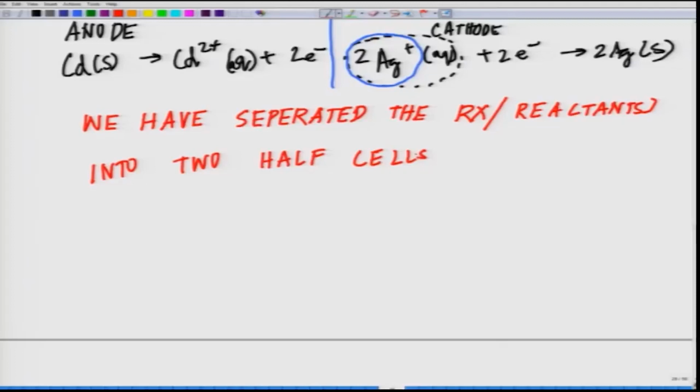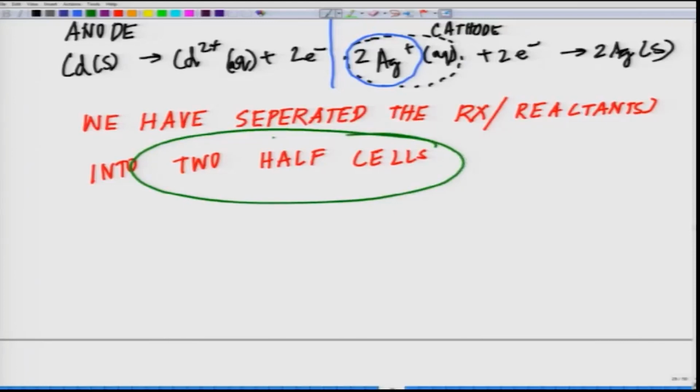So, here we are introducing the concept of half cells. Please be very careful, the concept of half cells will come in very handy.